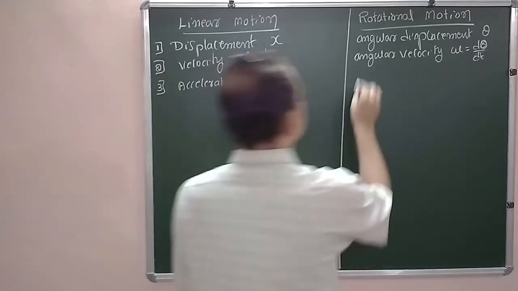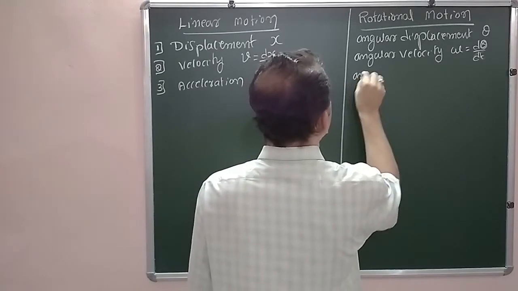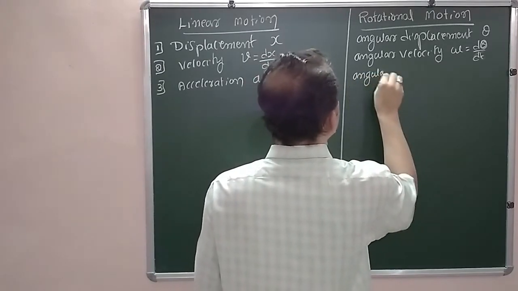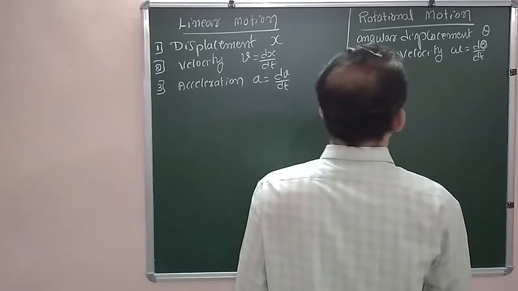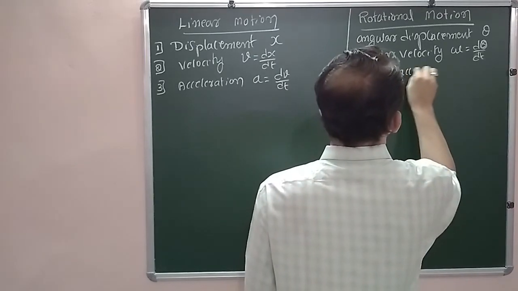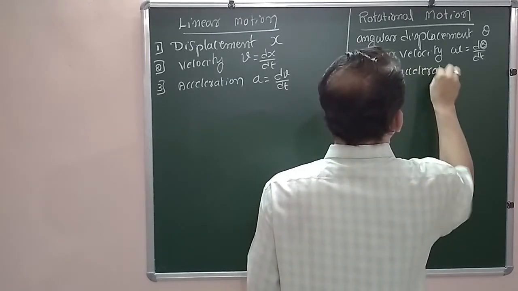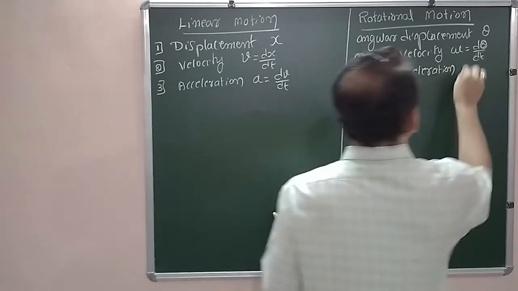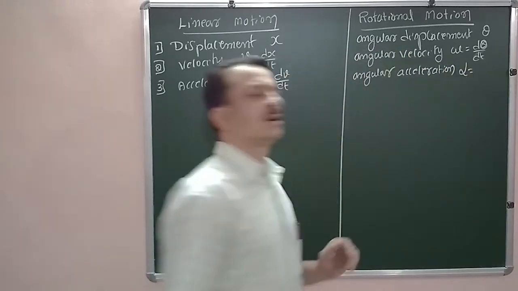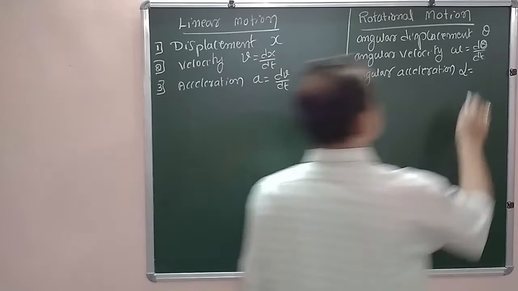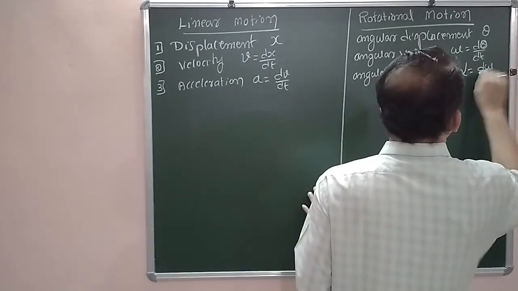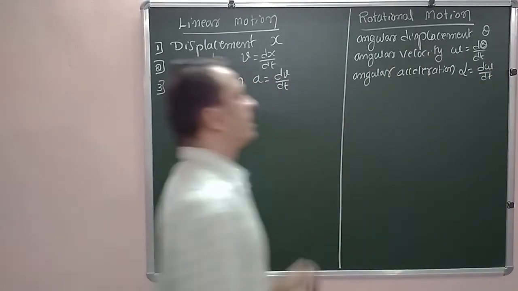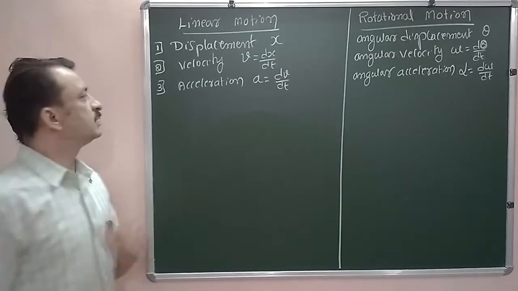In the same manner, in rotational motion we have angular acceleration, denoted by the letter alpha. It is given by the rate of change of angular velocity.